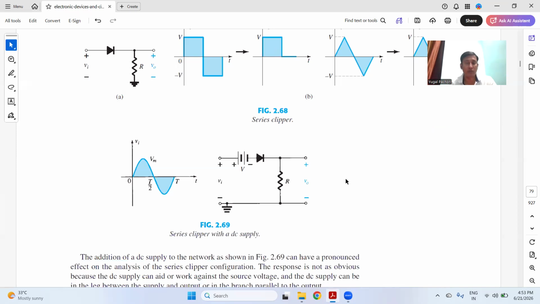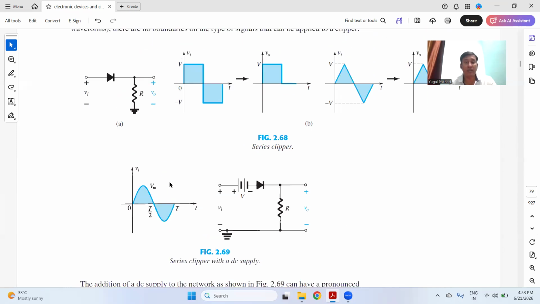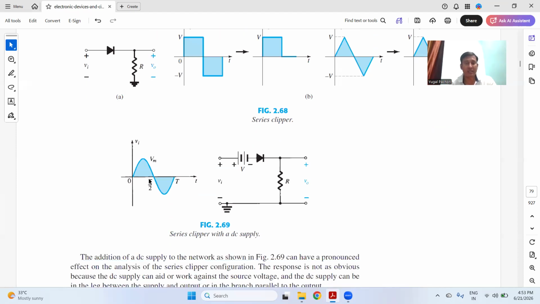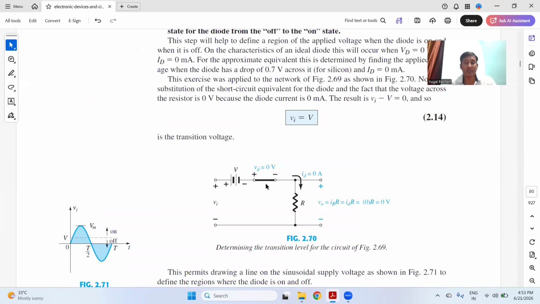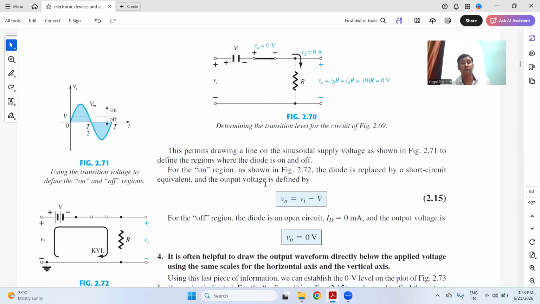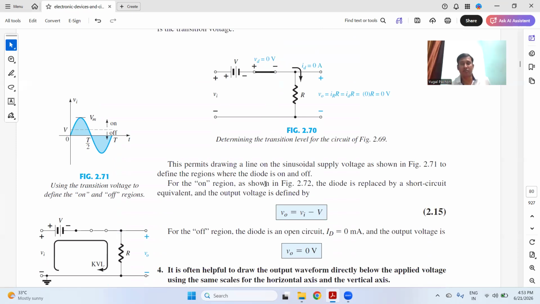You can see how it is working. So if you apply a voltage like this, with a diode and a resistance, you will get the clipped output in terms of the waveform.